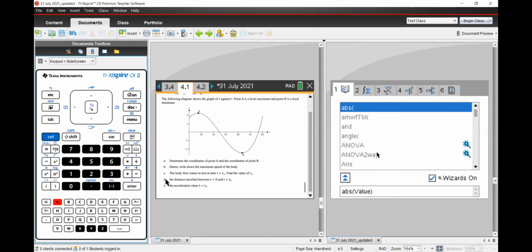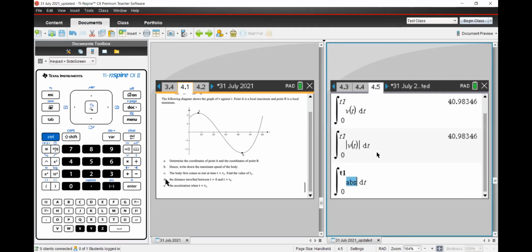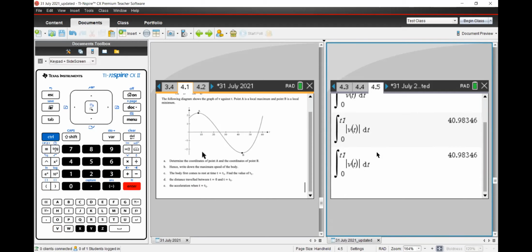If you go to A, you get the first thing as ABS, the absolute function, and inside this absolute you can write v of t. Hit enter, you get the result. So this is a cool way. Thank you, Jalaj, for telling me ABS is also available, and it's also available in test mode, no issues.